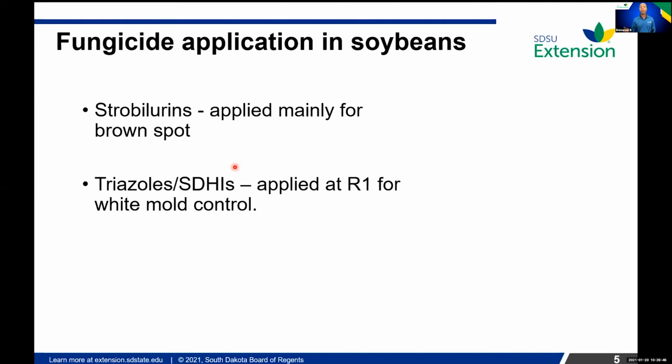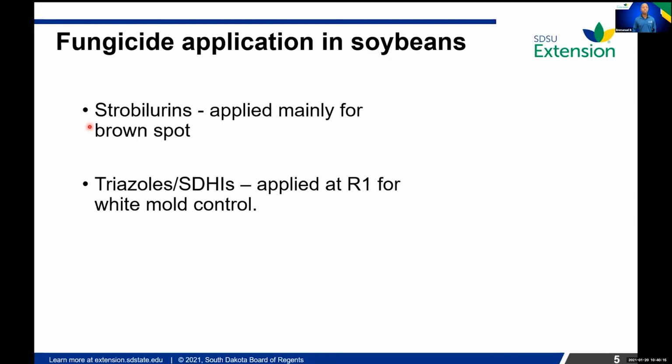Those are SDHI and DMI fungicides. But for other foliar diseases like Frogeye and brown spot, one of the groups of fungicides we use for controlling these diseases is strobilurins. So whether it's in a combo formulation or solo ingredient, those are likely to be strobilurins that are used to control these other diseases.